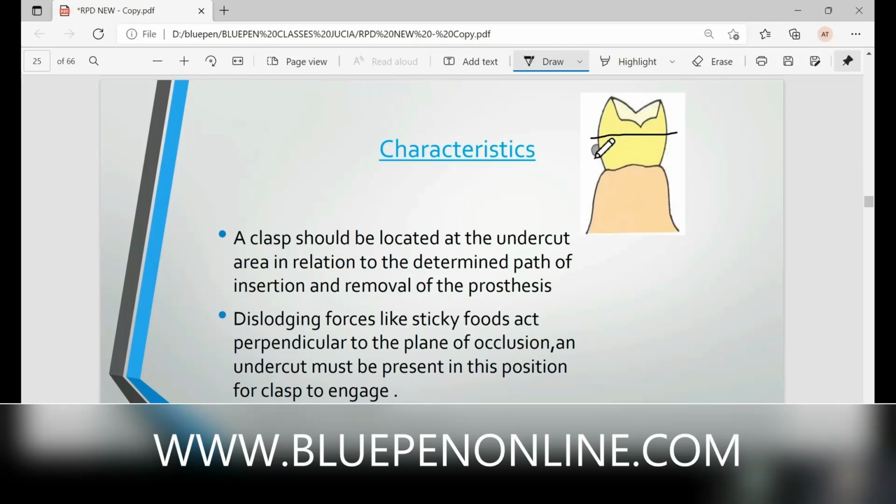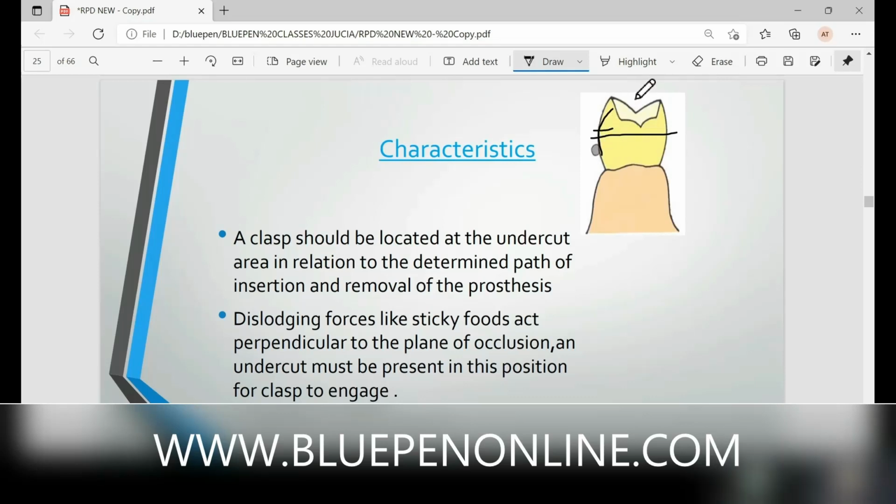So what happens? Suppose the patient has this RPD prosthesis and is just trying to have a very sticky chocolate. If your clasp is somewhere here, when you start chewing, this prosthesis will come out. But when your clasp is here, for the full prosthesis to come out, this clasp has to move along all this bulge area.